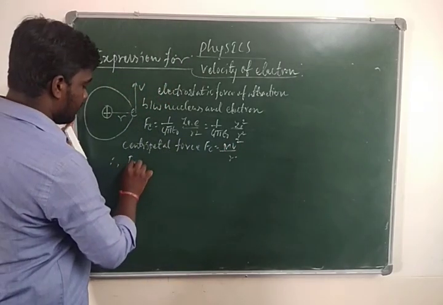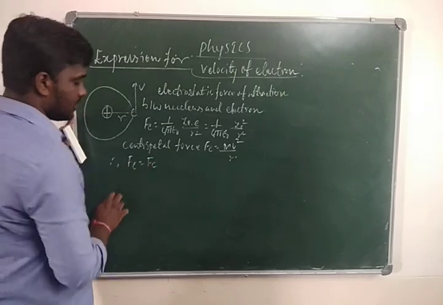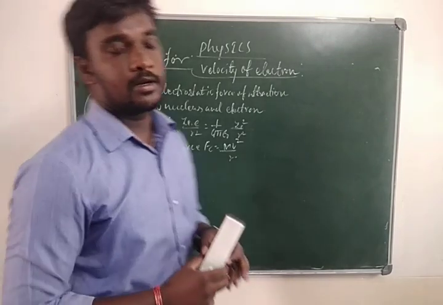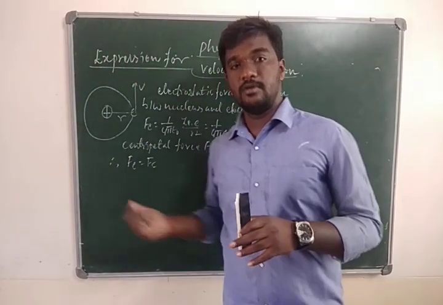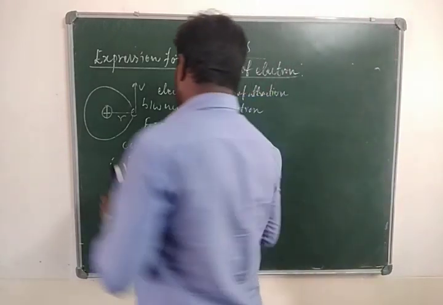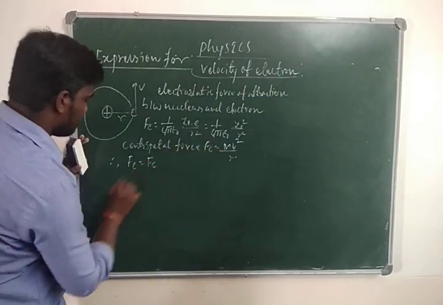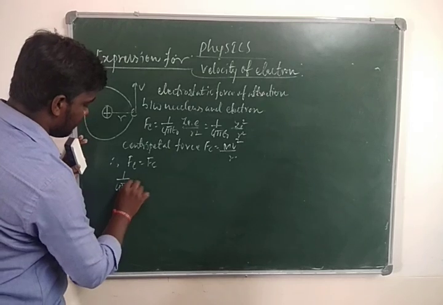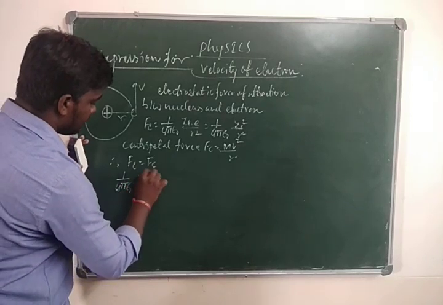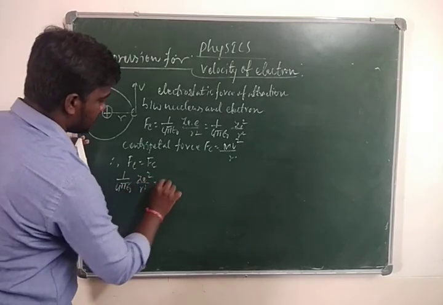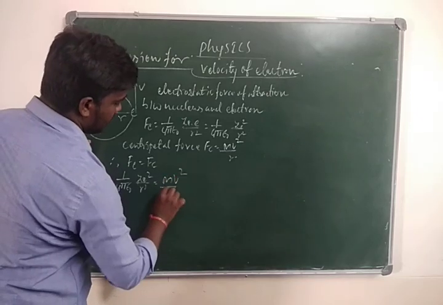Therefore, Fe equals Fc. We are equating the electrostatic force of attraction to the centripetal force. So 1 by 4 pi epsilon naught Ze square by r square is equal to mv square by r.